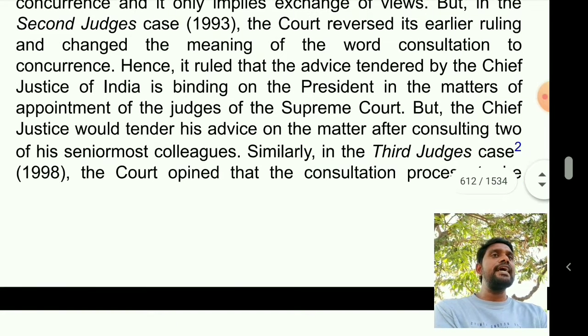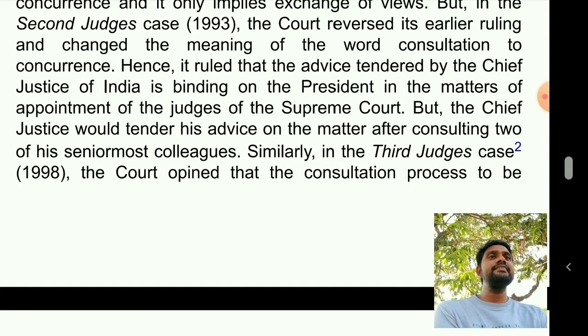Hence, it ruled that the advice tendered by the Chief Justice of India is binding on the President in matters of appointment of the judges of the Supreme Court. But the CJI would tender his advice on the matter after consulting two of his senior-most colleagues.